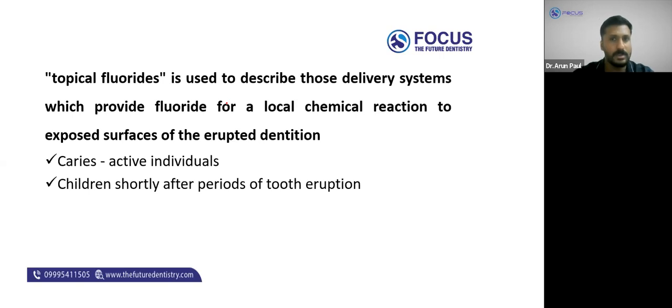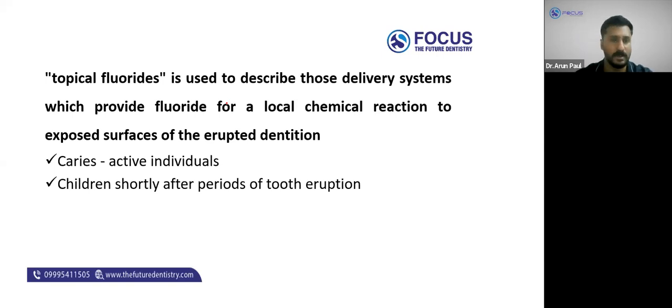To counteract this, and to find a substitute which can act predominantly on these occlusal surfaces, the only solution was topical fluorides, given either in a higher concentration or in a lower concentration for a prolonged period of time.